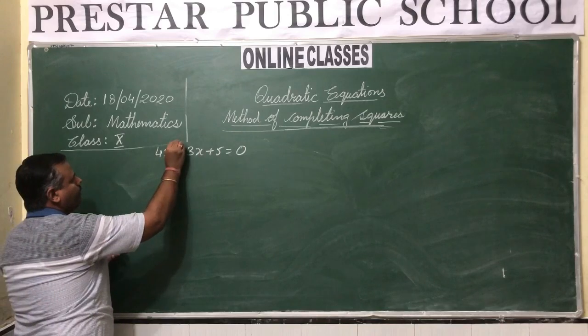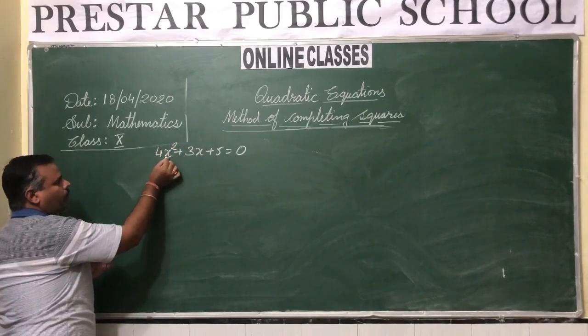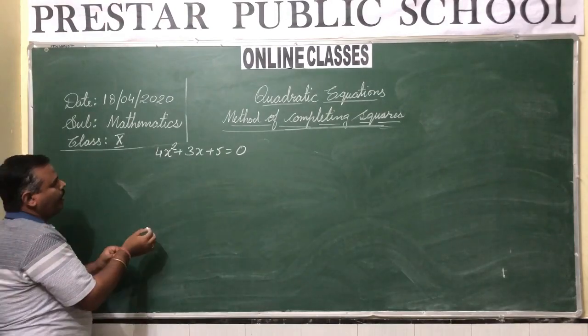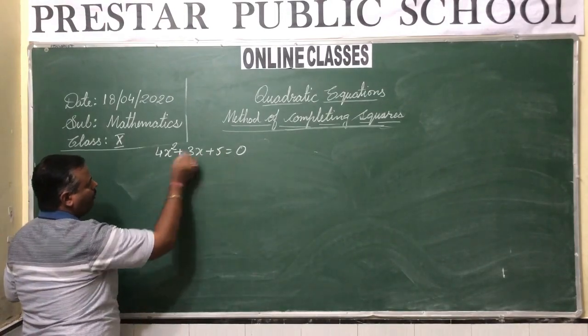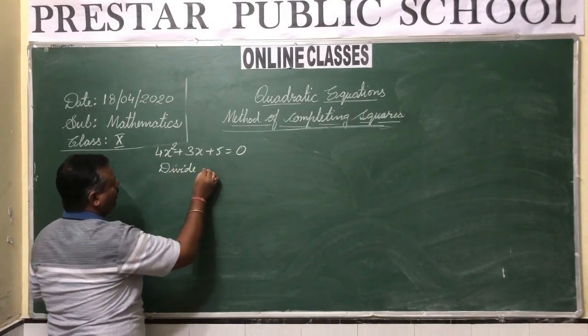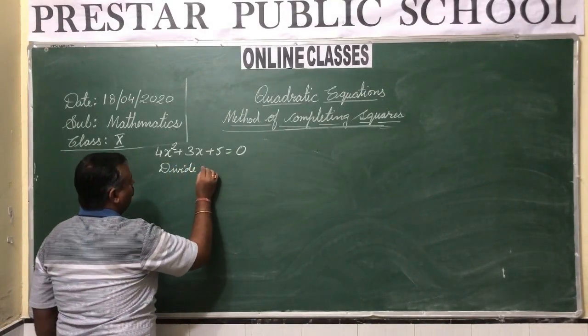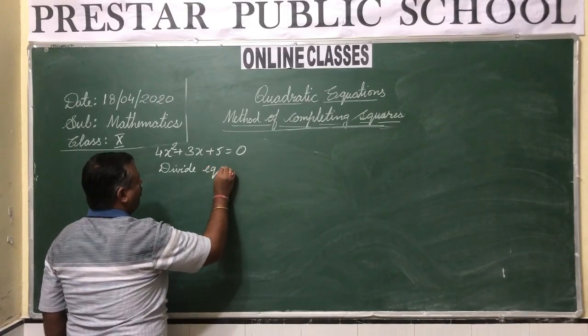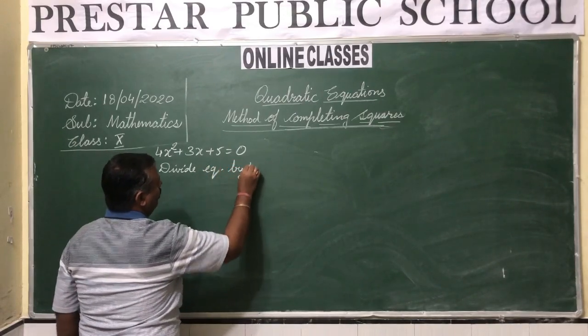So here if we see 4x squared, the coefficient of x squared is 4. So the first step says we have to divide the equation by 4 on both the sides. Why are we dividing it? So that the coefficient of x squared becomes 1.